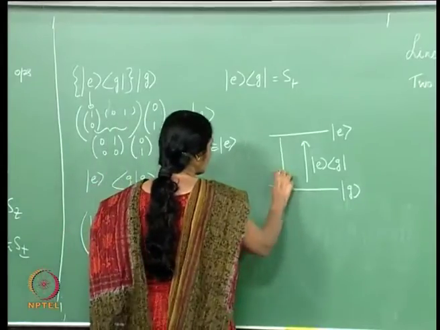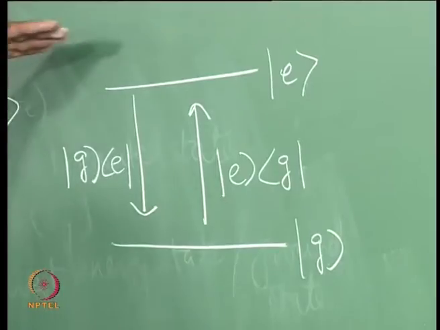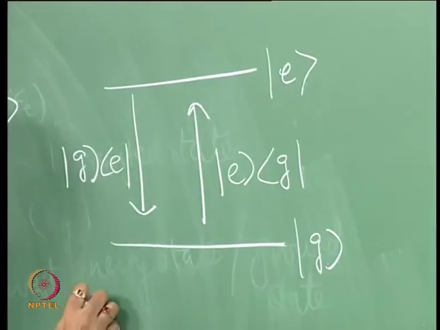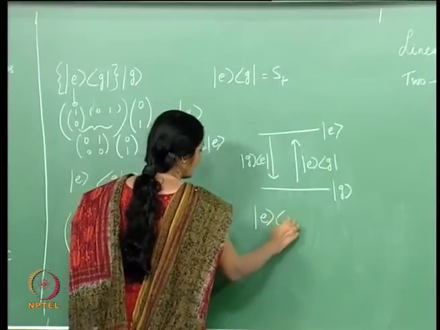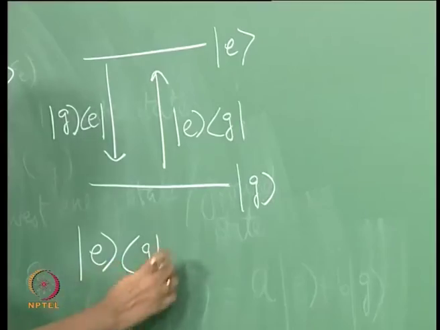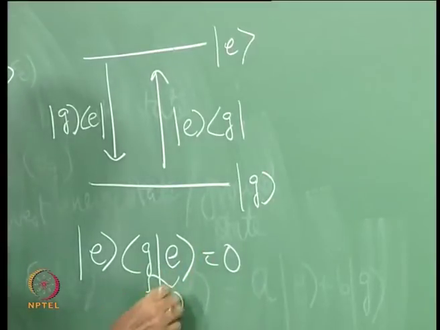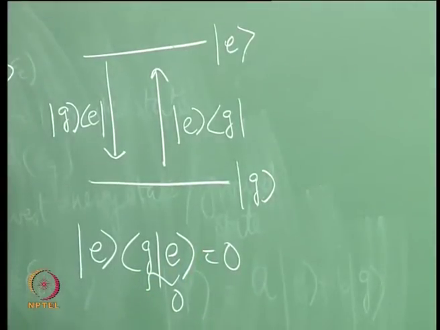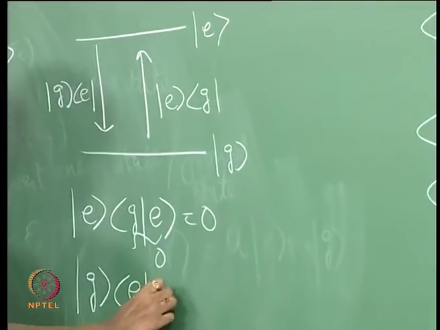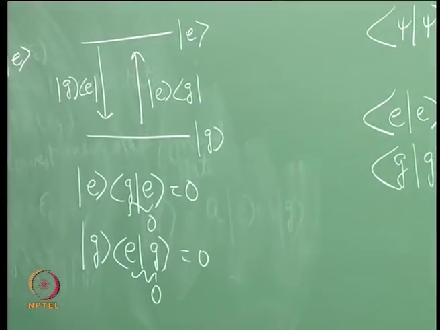The operator GE brings down the first excited state to the ground state. And to complete the story, when the operator S plus acts on the excited state, it simply destroys it, it annihilates it. And when its Hermitian conjugate acts on the ground state, it simply destroys it.